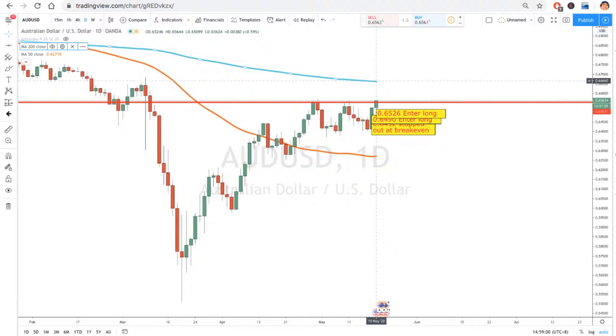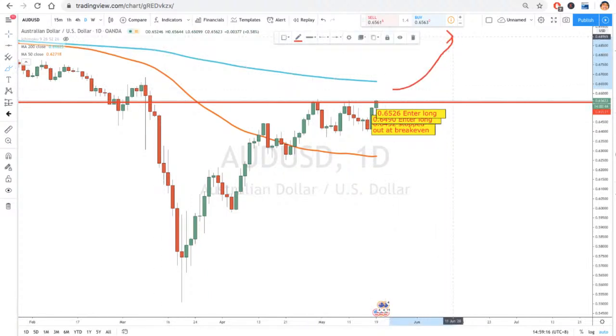Wow, a very nice number, 0.6660. We will be watching closely if our price takes out the 0.6660 and we go for a short down, or price shoots all the way up to 0.6660. Let's draw a nicer arrow.